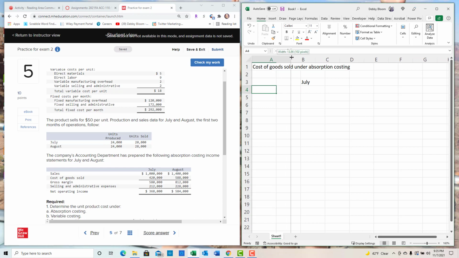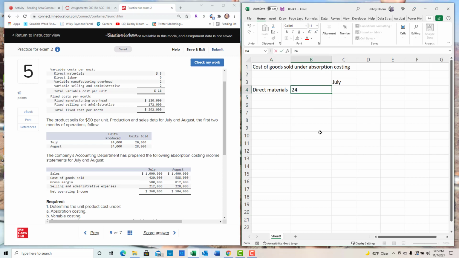So the first thing that we need to calculate for July is our direct materials. For our direct materials, we're going to take the units produced multiplied by the direct materials cost per unit. So we're going to take 24,000 and multiply that by 5.